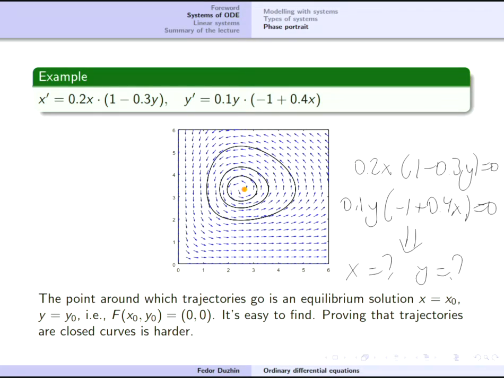So x happens to be 2.7 or something, and y is 3.2 or 3. It doesn't matter. All right, so there is an equilibrium solution. That is easy to find. I just showed you how.